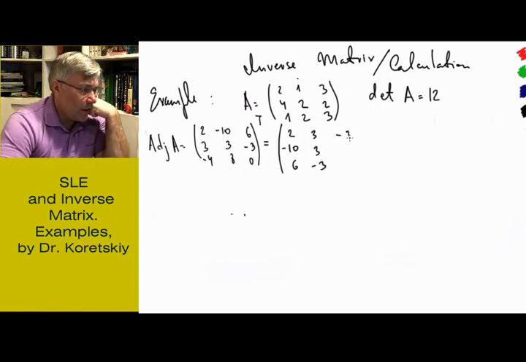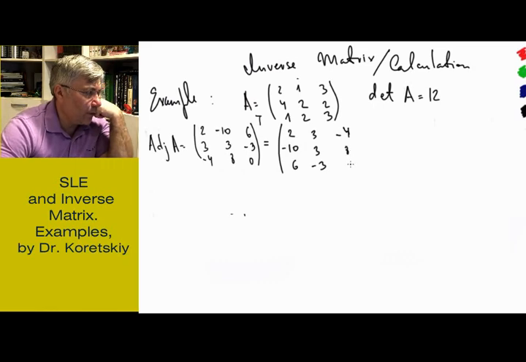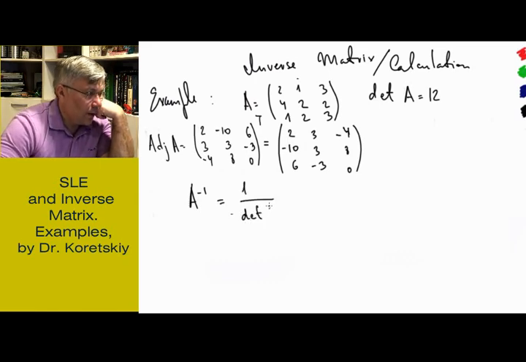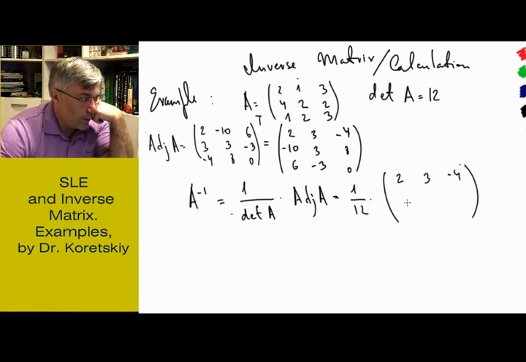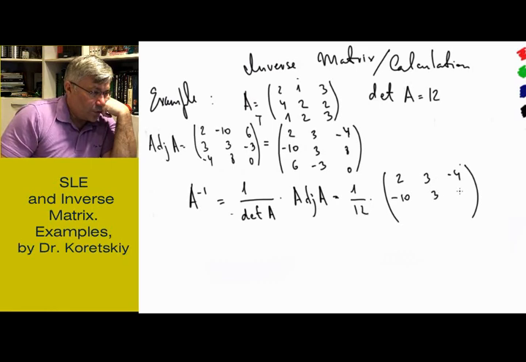Okay. And the very last thing we have to define if you want to calculate inverse matrix. It is 1 over the determinant of the A matrix times an adjacent matrix A, and determinant is 12, so 1 over 12 times 2, 3, minus 4, minus 10, 3, 8, 6, minus 3, 0.